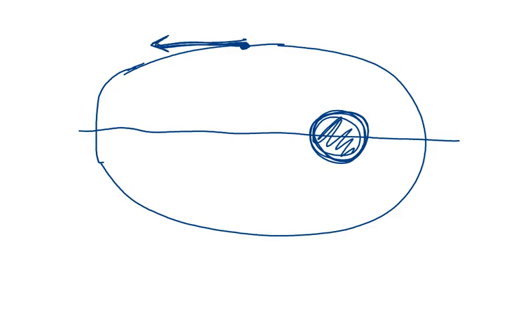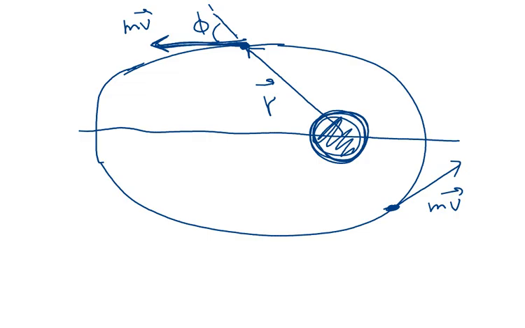So there's mv. But then look at r. R is this quantity. And then what is that angle? This is the angle, there's phi for that point. Now, what happens if I choose this point? There's mv. There's r.